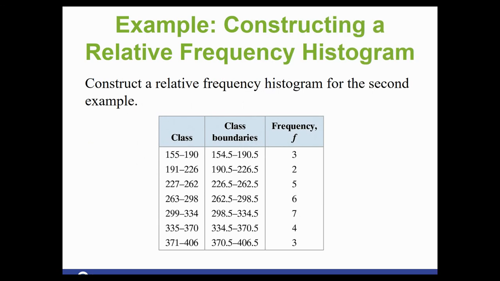So this one says, construct a relative frequency histogram for the second example here. So we have our class boundaries. Here's the physical example of what that looks like. Each one of our lower class limits has had 0.5 subtracted from it, so it makes it just a little bit smaller on the lower class limits.